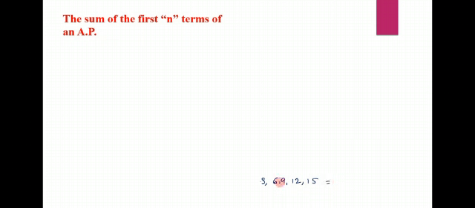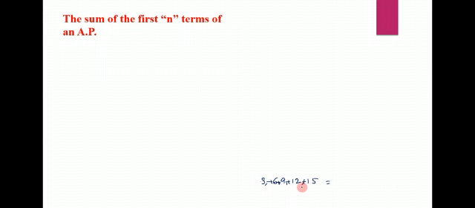So if you take the sum, it is said to be the sum of the first 5 terms of AP. And if you take the next multiple 18 and add them, all 6 multiples, then you will get the sum of 6 terms of AP.